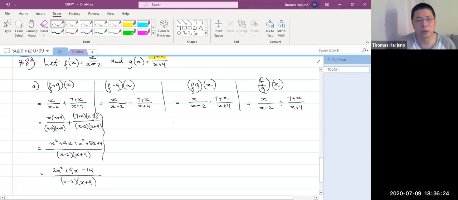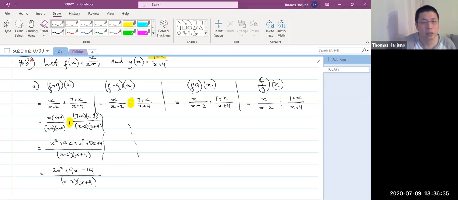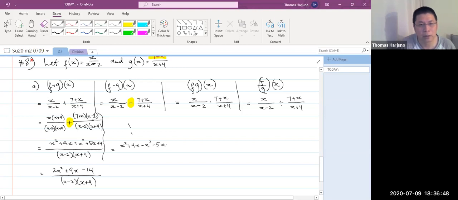Okay, the subtraction one is pretty much the same. You need to be very careful because you need to distribute the negative. If I skip one little step, I will get x squared plus 4x minus x squared minus 5x plus 14 over x minus 2, x plus 4.